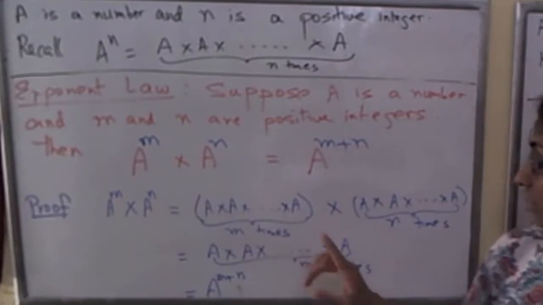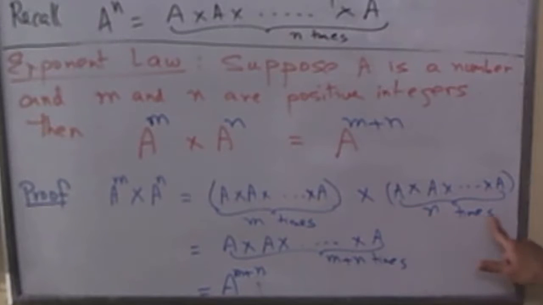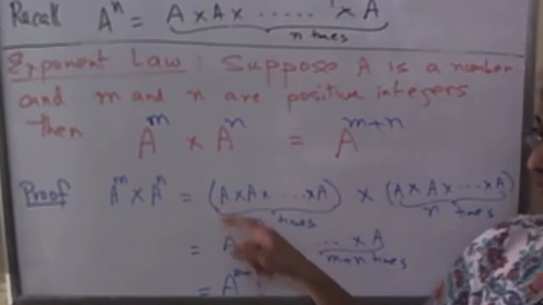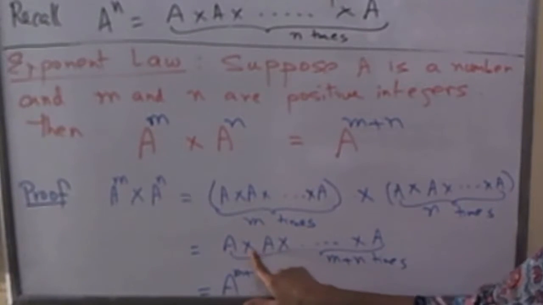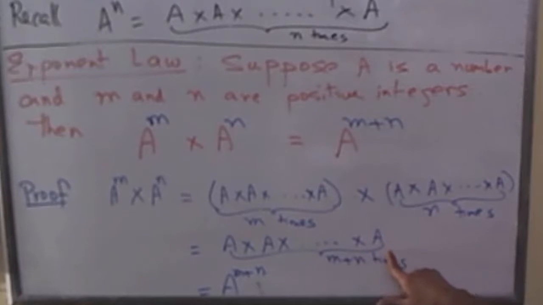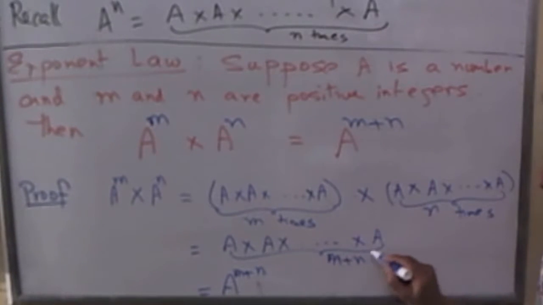And a to the n, unwrap it. By definition, that's really a multiplied by itself n times. Notice the dot notation. Here I notice all I'm doing is multiplying a by itself a bunch of times. So that is a times dot dot dot times a, and I have to write here how many times that is. And here's the m and here's the n. So that is m plus n copies of a multiplied by themselves.